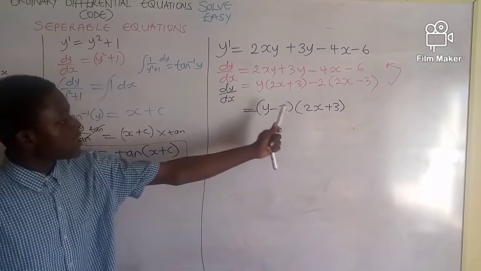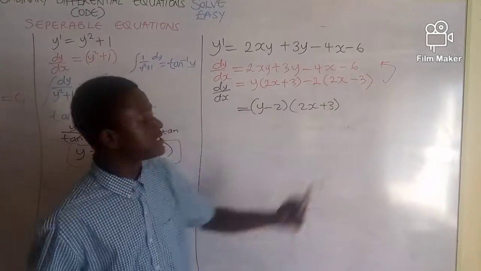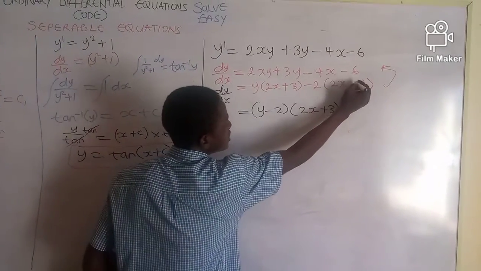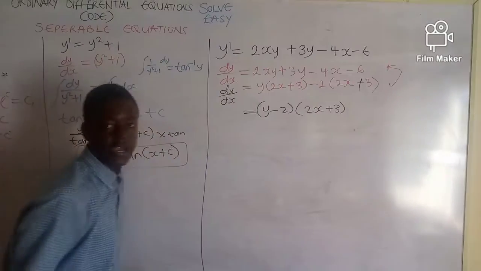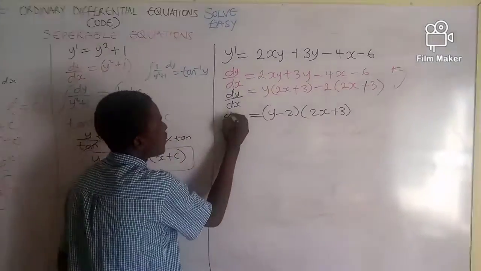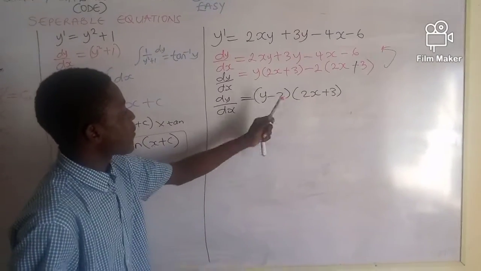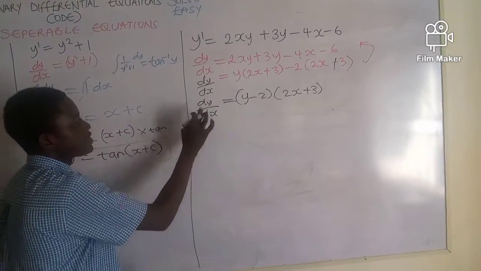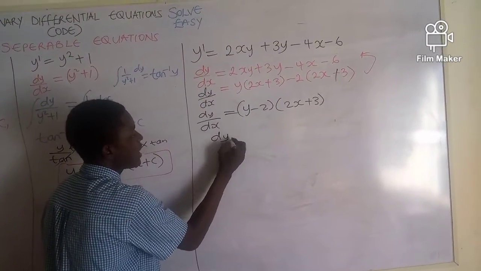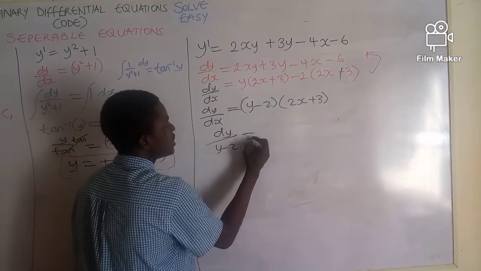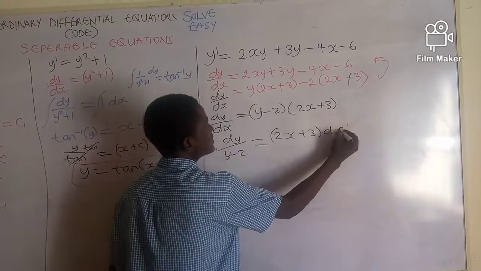Like we all know, y multiplies everything in the bracket, and minus 2 multiplies everything in the bracket, because these both have the same thing in the bracket. Now from here we would say dy/dx. We divide both sides by y minus 2 and then multiply both sides by dx to single them out. Therefore we have dy over y minus 2 equals 2x plus 3 dx.